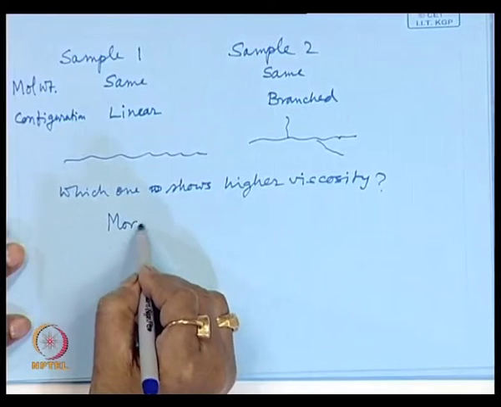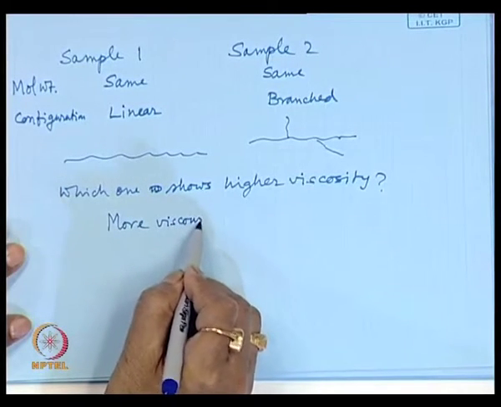You are telling viscosity of sample 1 will be more, because density will be more.